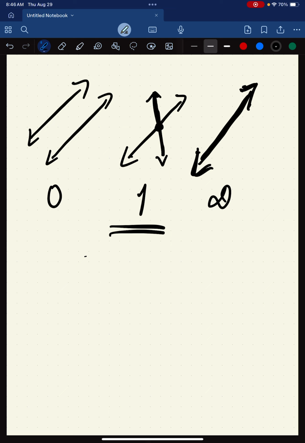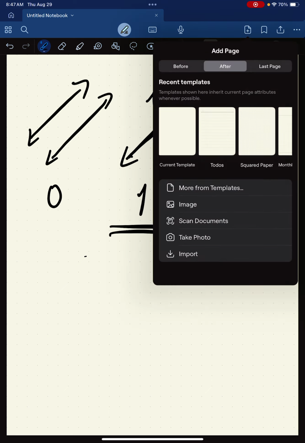It's on this line, so that point is true to that line, and that point is also true on the other line. So we can use this kind of knowledge and this idea to try to build up solutions to equations.